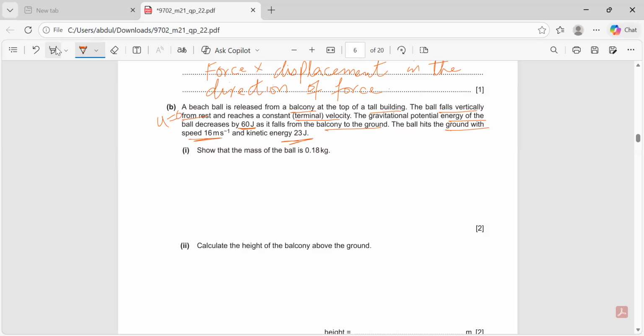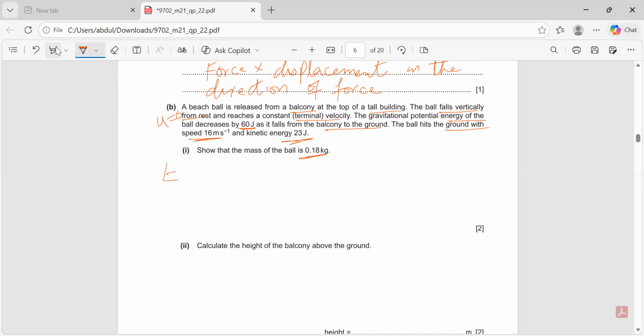Show that the mass of the ball is 0.18 kilogram. So what is the idea coming in your mind, my dear friends, to solve this? Only 2 marks. Speed is given. Kinetic energy is given. So it's quite simple to calculate the mass.